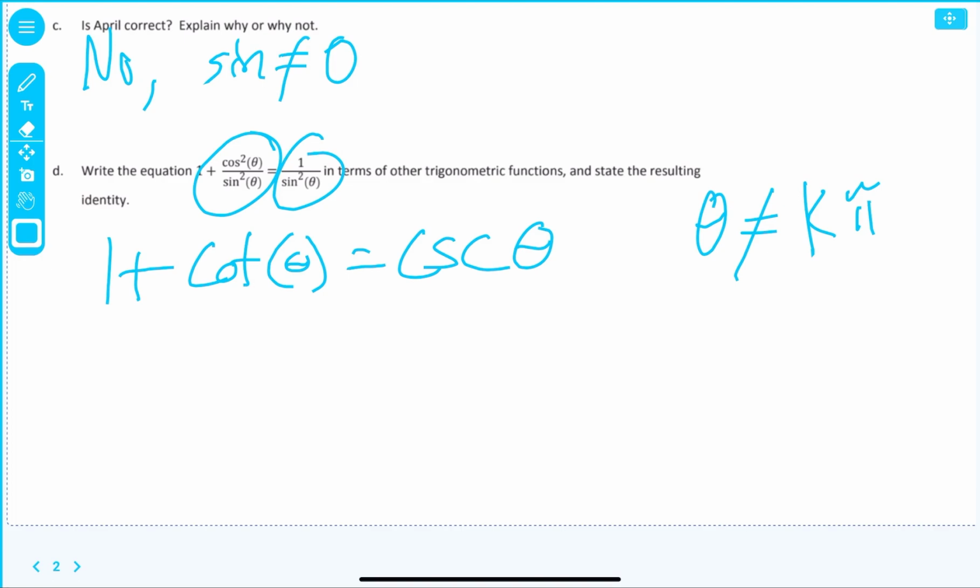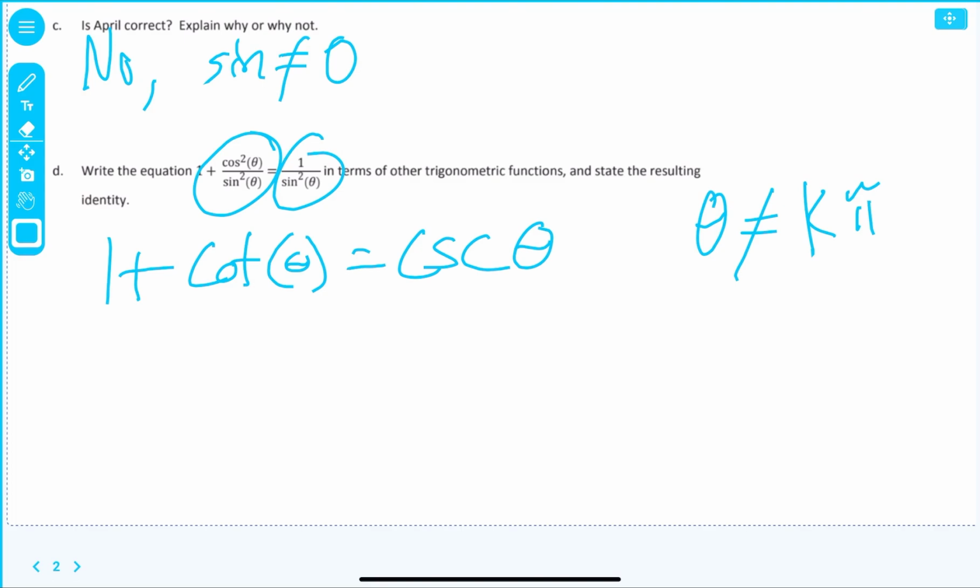If sine is 0, it's undefined. So even though you don't see sine in your problem or in your equation, you still have to think about what would make this an undefined equation.